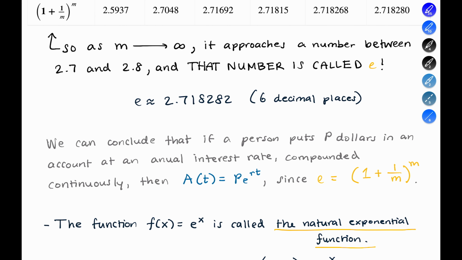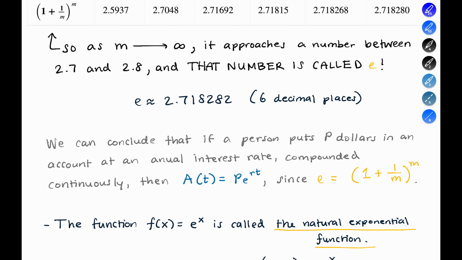And so we can conclude that if a person puts P dollars in an account at an annual interest rate compounded continuously, compounded infinitely, then A of t is going to be equal to P e to the power of rt, since e is this expression that we got over here.